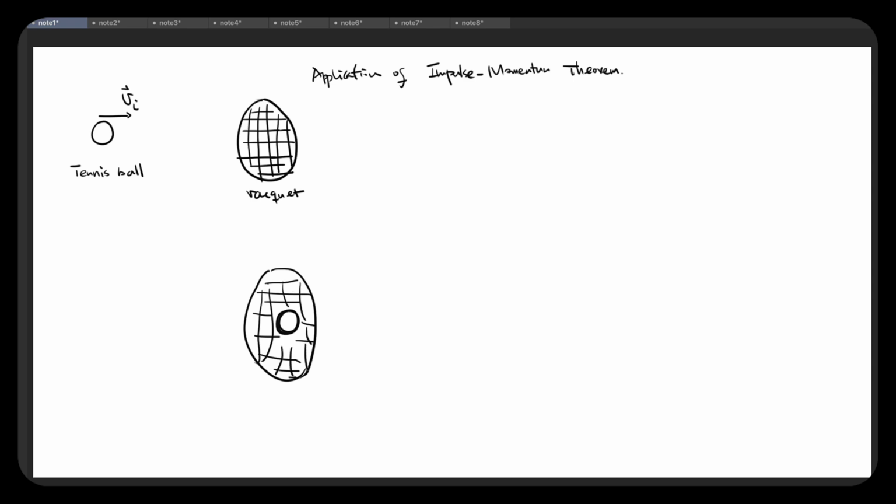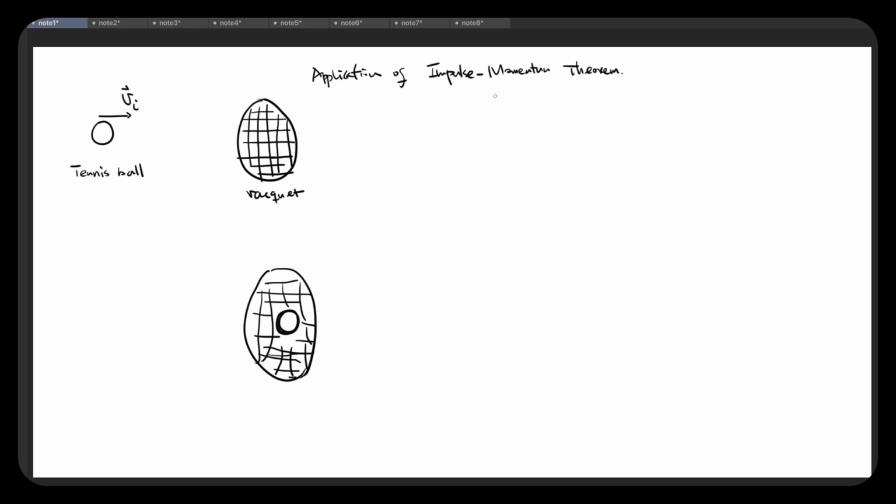Trying to draw some deformation of the net, the strings on the racket. Okay, all right, so let's talk about this process. The strings on the racket, of course, will apply a force on this tennis ball.